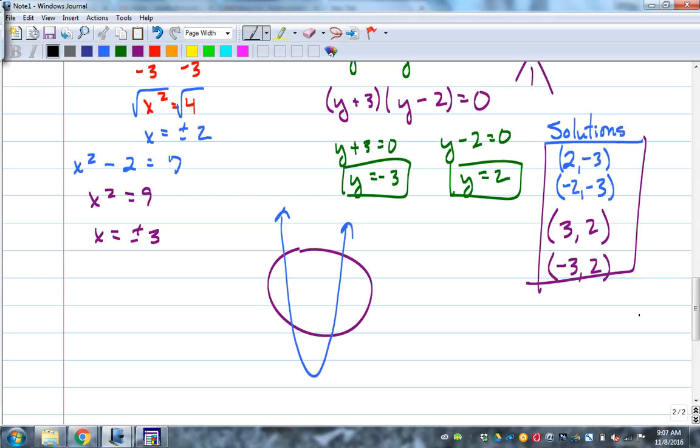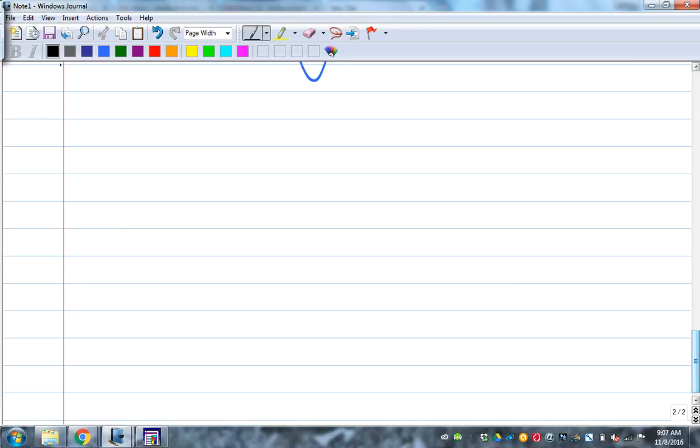Let's look at this one. X squared minus y squared equals 4. And then y equals x squared. That's our system. Wouldn't you get X squared on the other side and you get the other?